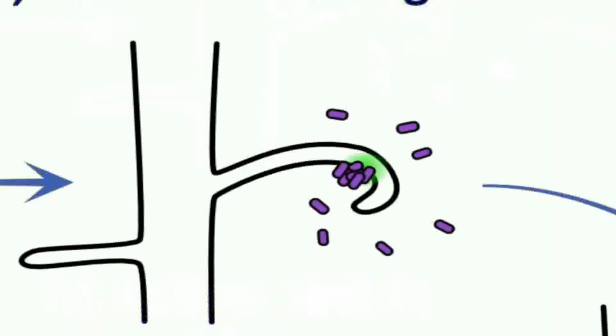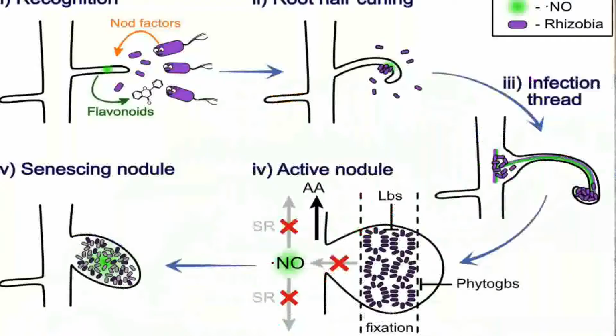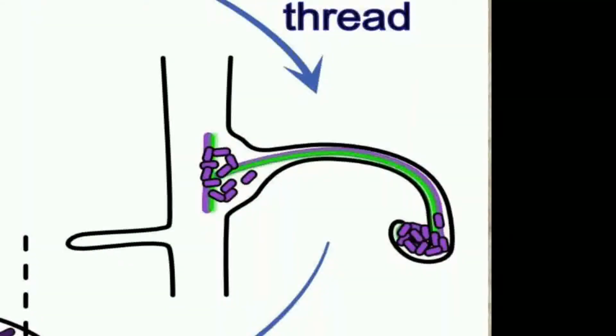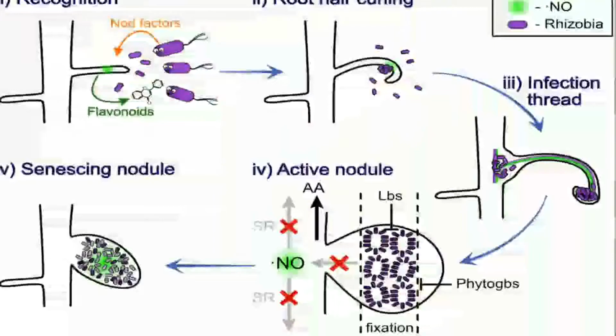Now, when this curl is formed, an infection thread is produced, this green colored infection thread. This infection thread is produced carrying the bacteria into the cortex of the root, where they initiate the nodule formation in the cortex of the root.